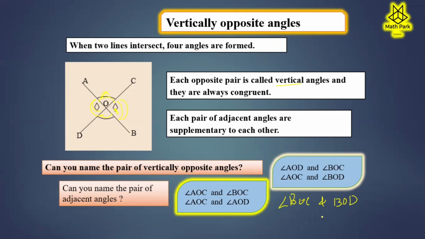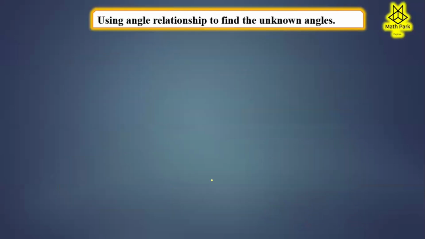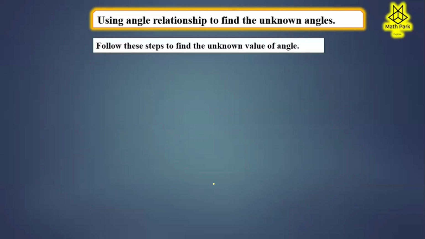BOD and AOD are also supplementary. Got it? So two angles, when they are on a straight line and add up to 180 degrees, form a linear pair. But since they add up to 180, we also call these adjacent angles supplementary angles.